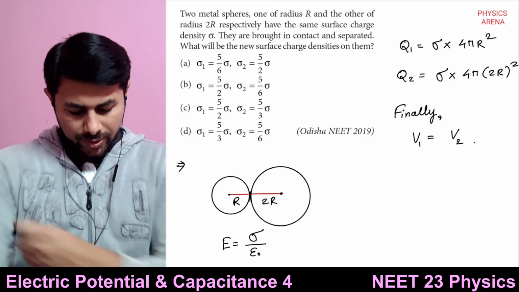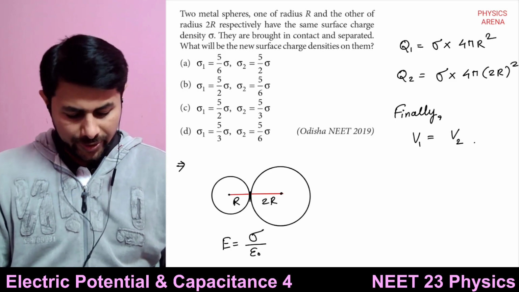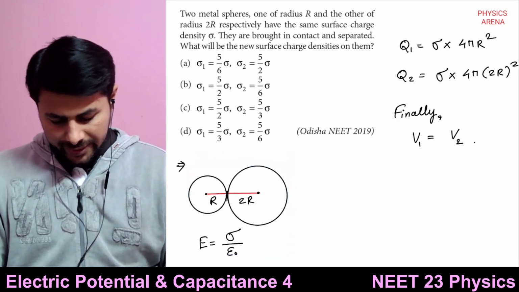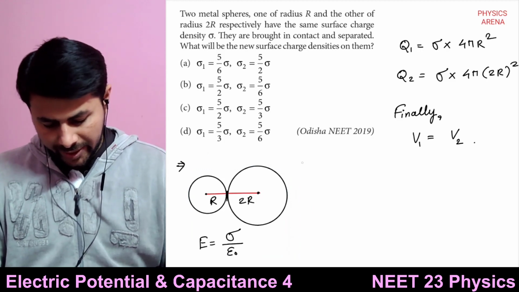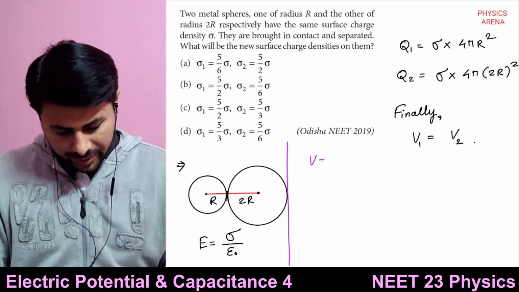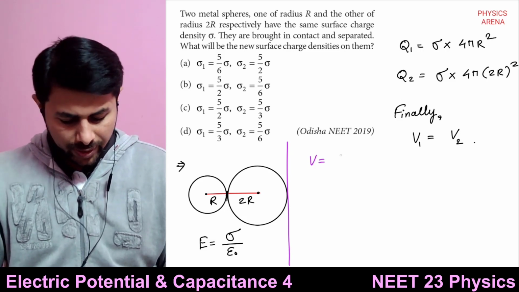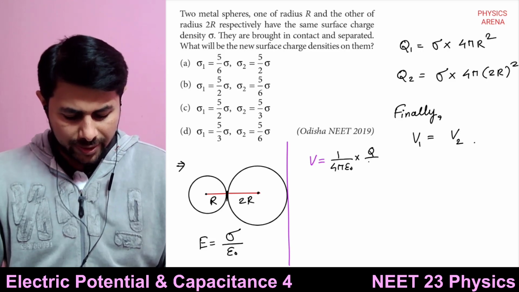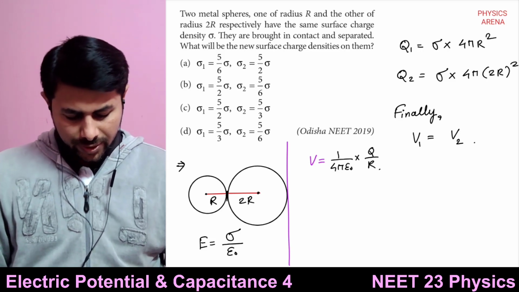Okay. So we can relate electric field and potential for a sphere, and for this kind of problems we can use this formula. See, so V is equal to, for a sphere, 1 upon 4 pi epsilon naught multiplied by q upon r.